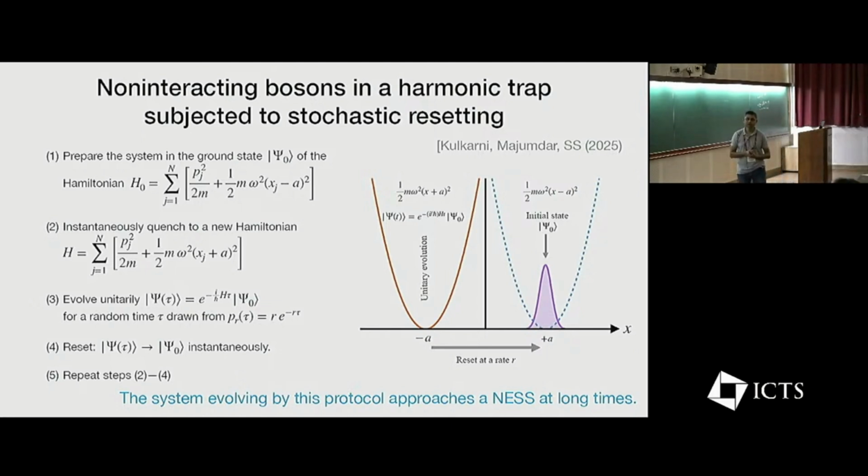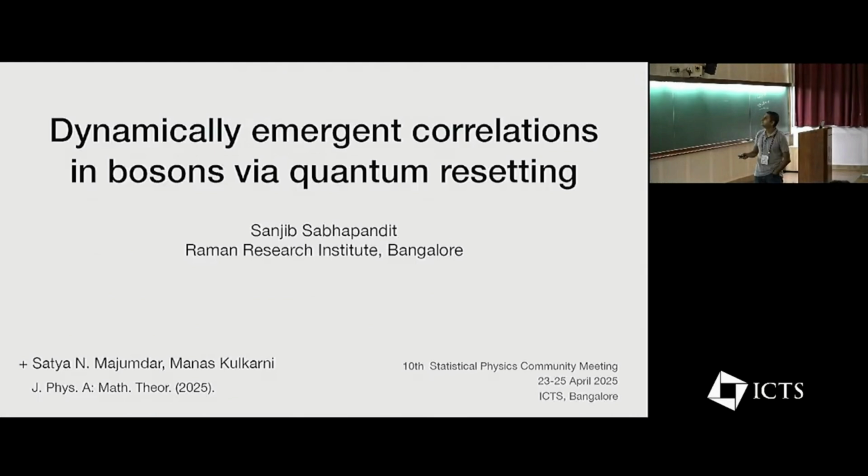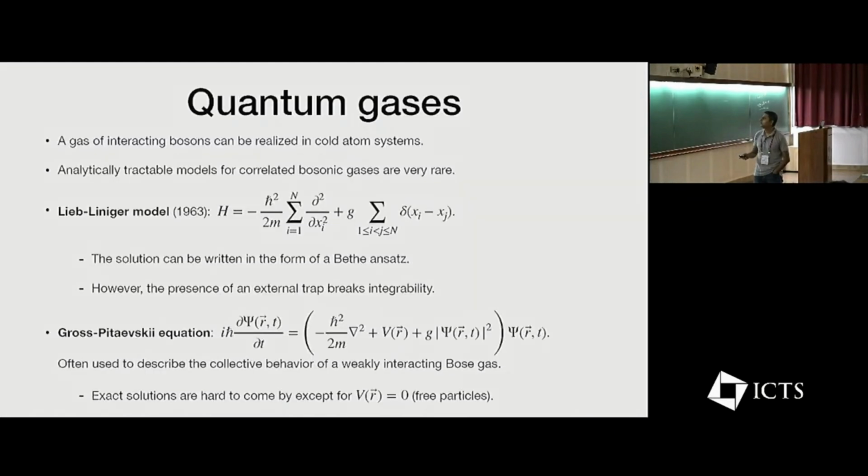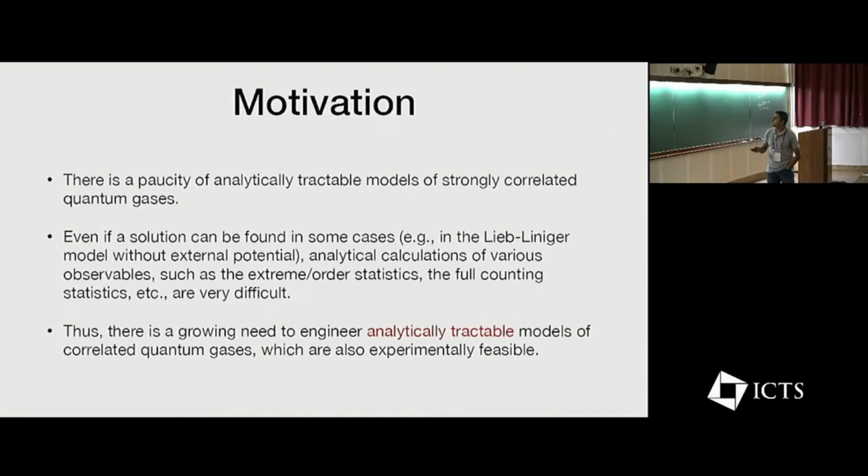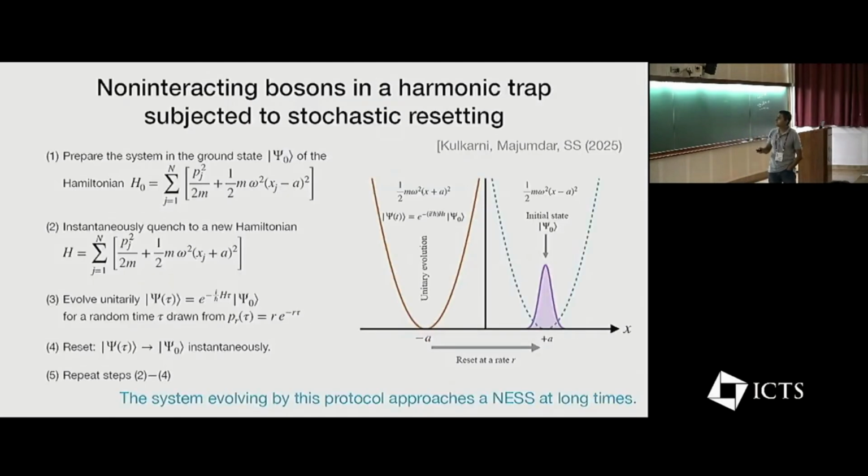Can you explain what is the difference between these Bose particles versus non-Bose, Fermi particles? The Fermi case is actually very difficult. We are still trying this calculation. Basically, the problem is that for the non-interacting Bose gas, the ground state psi 0 is a product of the individual wave functions.